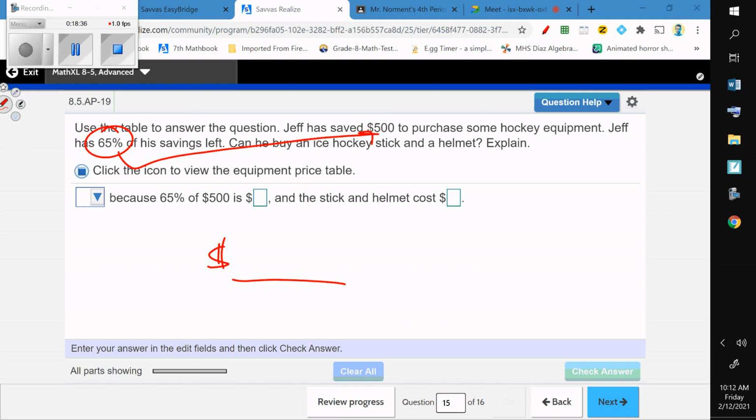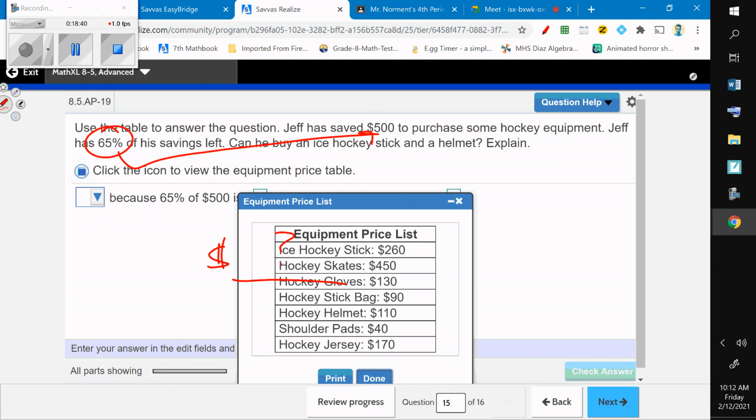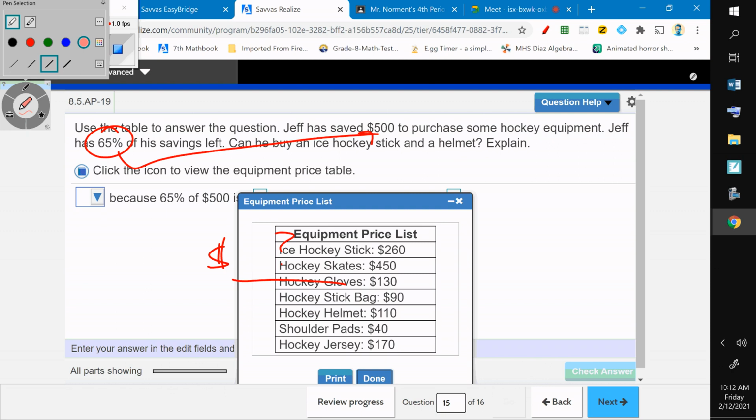So you're going to take this amount and compare it to the price of the ice hockey stick and the helmet.